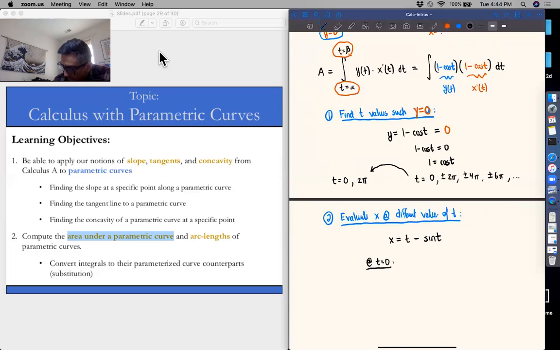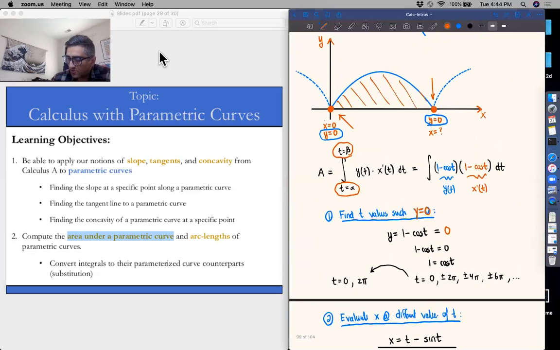If we evaluate our function x at t equals 0, what we get is 0 minus sine of 0, which is equal to 0. So x equals 0 when t equals 0. It looks like this first point is associated with t equals 0, since both x and y are equal to 0 when t is 0.